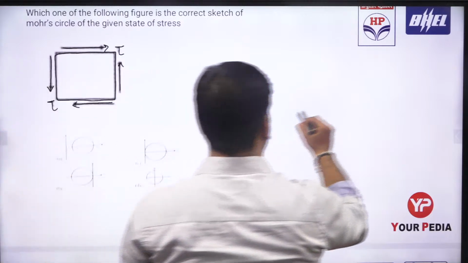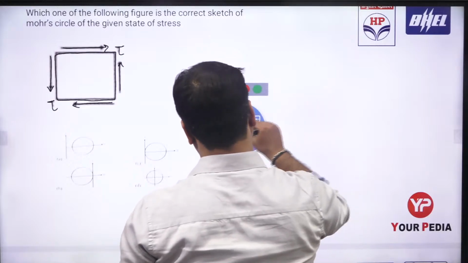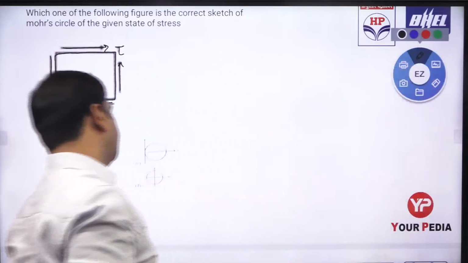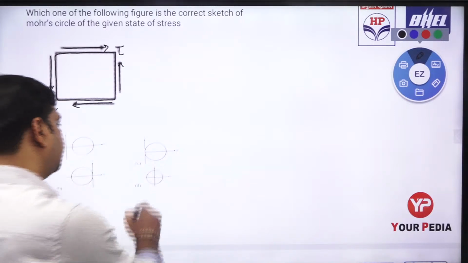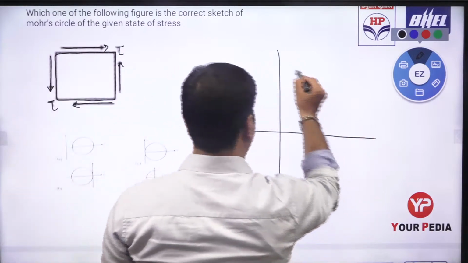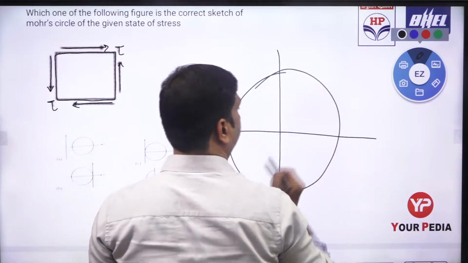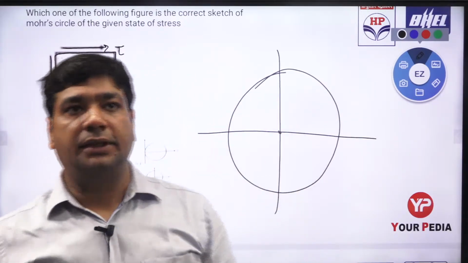There is no normal stress acting on that member. So this is the answer. Maximum students gave the correct answer. Some of them said centered at origin. Absolutely right. This is the case of a pure shear stress. How does the Mohr circle look like? This is the case of the pure shear stress. Clear?